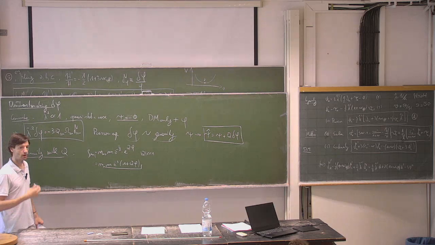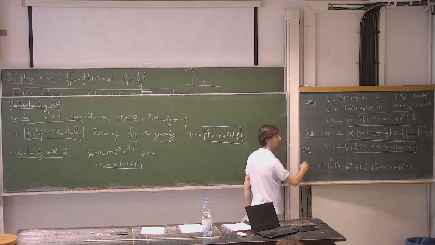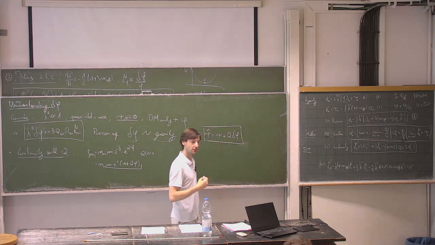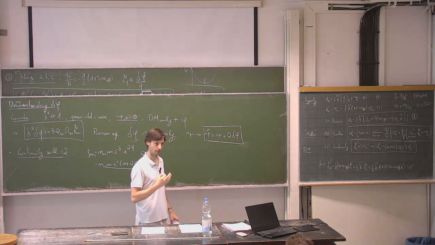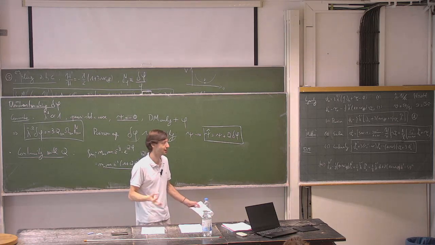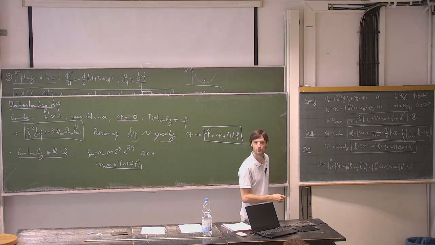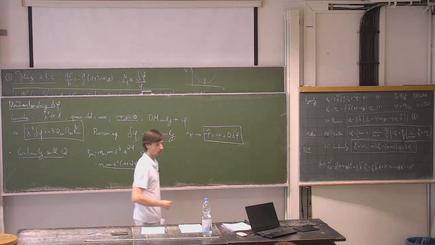Okay? What's going to happen in the Euler equation? Remember that the Euler equation is a force equation. It expresses simply Newton's force, okay? With a pressure contribution and a gravity contribution. But the mass is changing.